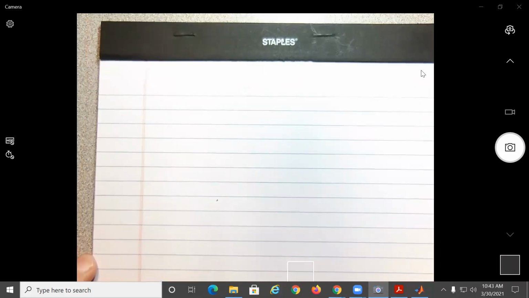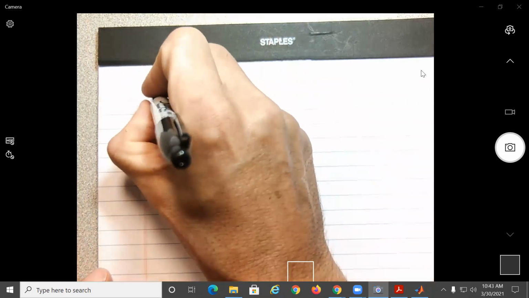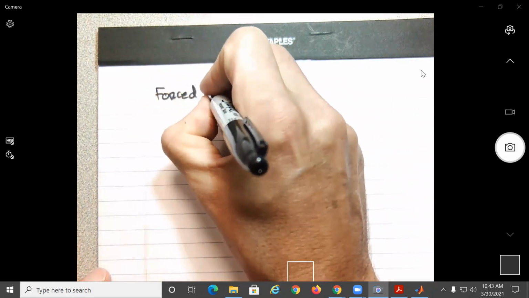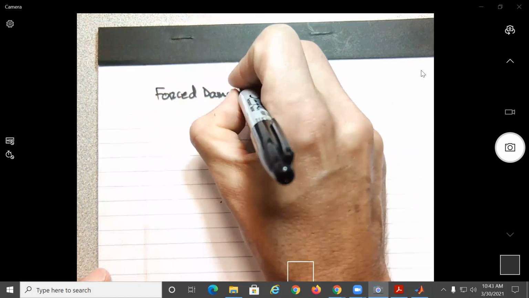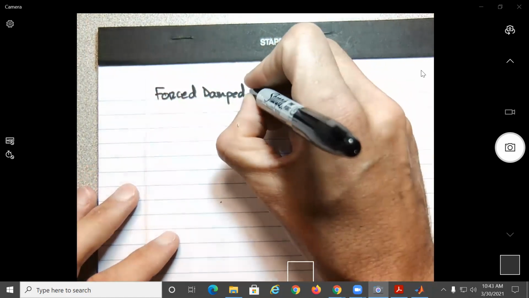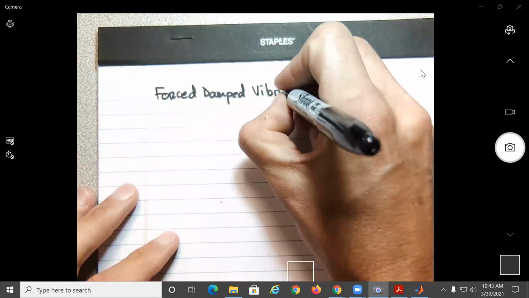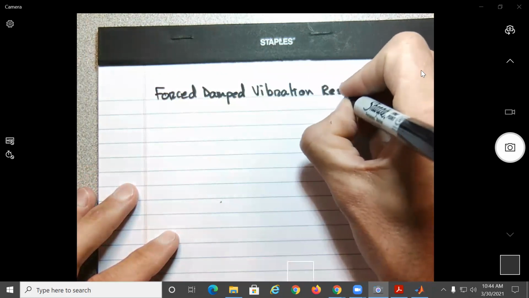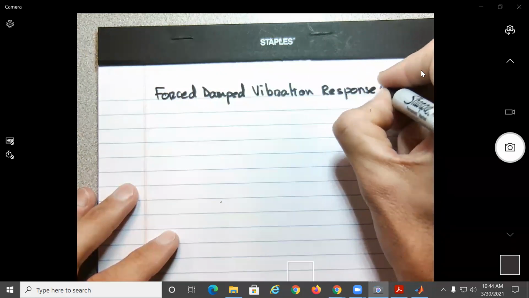All right, so we studied the free vibration, so no force and undamped. Okay, so the next thing to do is to study what? The forced damped vibration response.